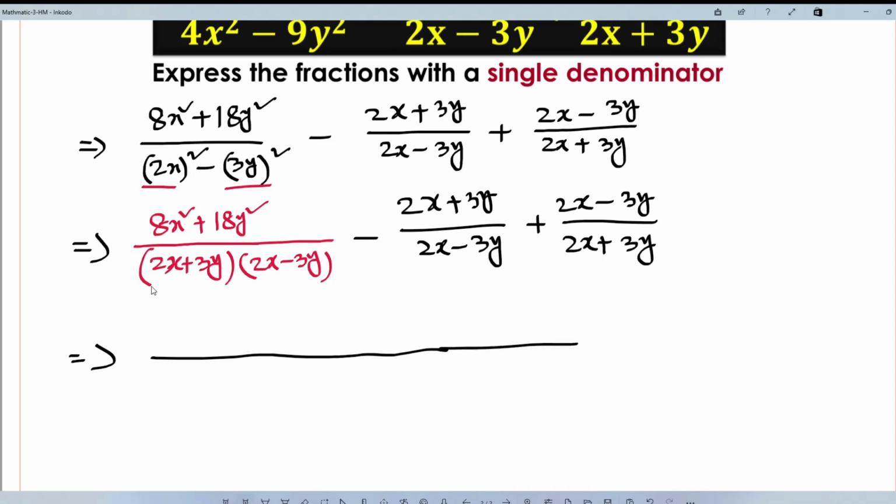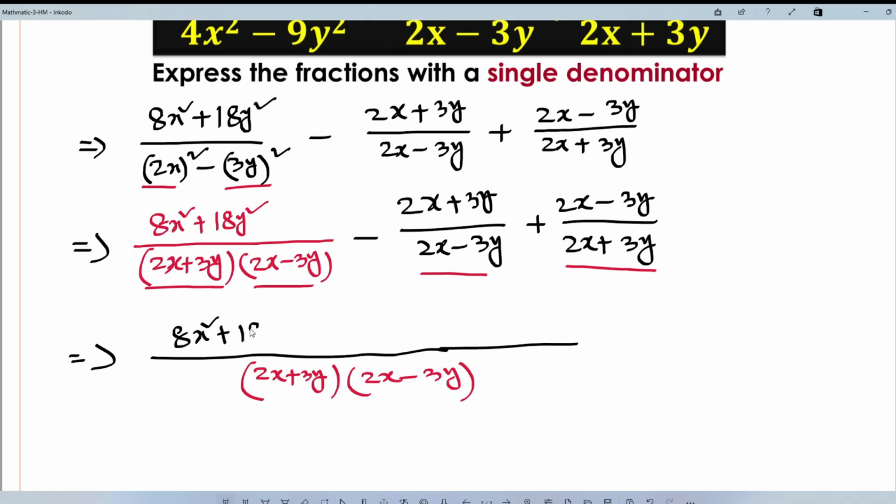So the LCM is the common and uncommon factors combined: (2x + 3y)(2x − 3y). Dividing the first denominator by the LCM gives 1, so we multiply by 8x² + 18y². This one is done. For the second term, dividing by 2x − 3y leaves (2x + 3y), so we get (2x + 3y) whole square.